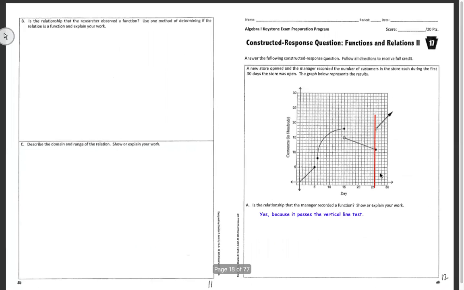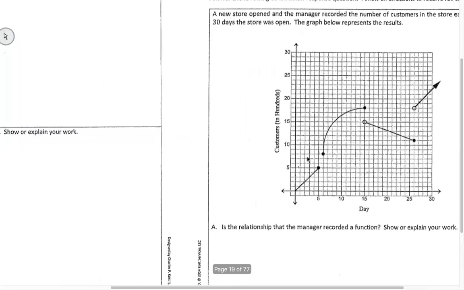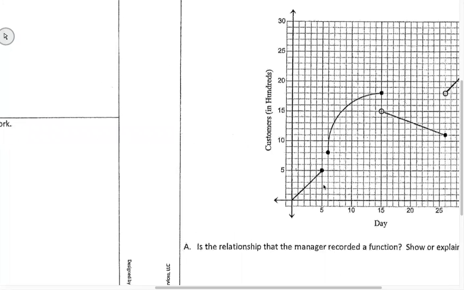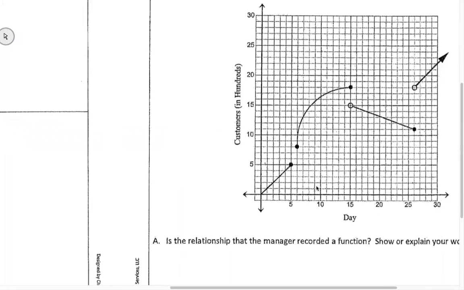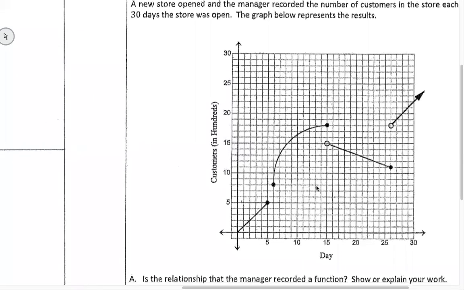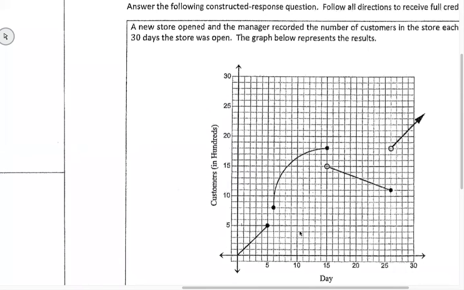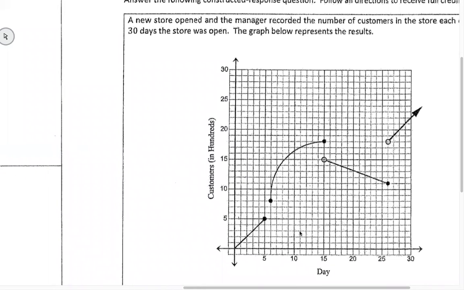Well, that's interesting, right? So let's look at the domain. The domain is what? The x values. But wouldn't it be essentially 0 through 30?